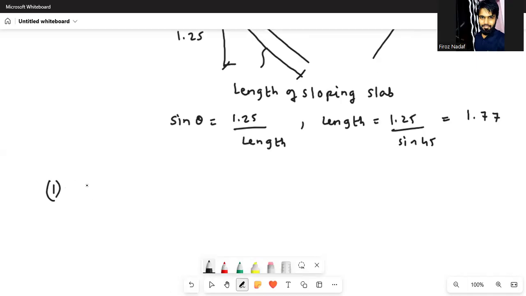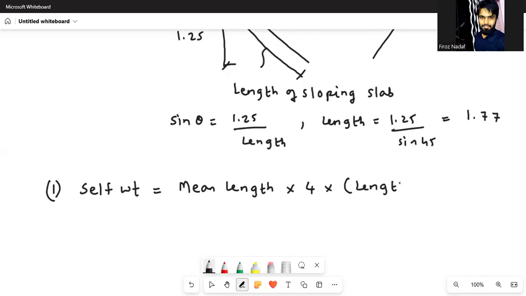Self weight equals mean length, I will tell you what is mean length, into 4, we have 4 sloping slabs, into the length of the sloping slab, that is 1.77 we have calculated, into the thickness of the slab.